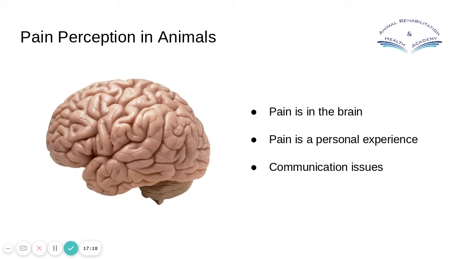And I think we all find that with our therapists, or any of you that are nurses, or when you handle these animals, you notice that some are really dramatic and some are not so. It might not only be that, it could be that their anxiety and their fear plays a part, but it could be that they've just got a different perception of what pain is and how painful things are. And then obviously we have the communication issues.